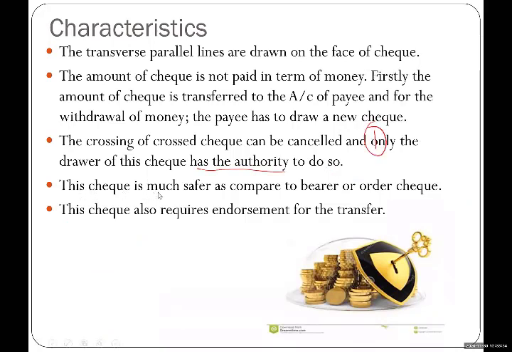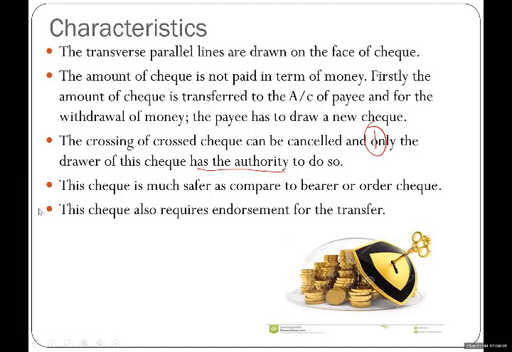So this check is now much safer as compared to bearer and order. Why? Because cash is not given. The amount is going to be credited into the account, and the account holder has to write another check to withdraw the amount. So it is very safe. There is no chance that the amount will be credited into a wrong account or given to a wrong person.